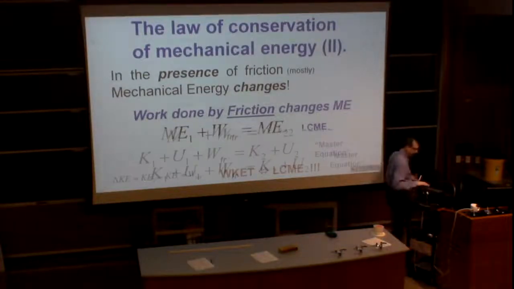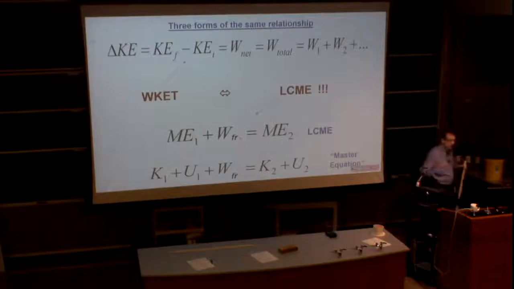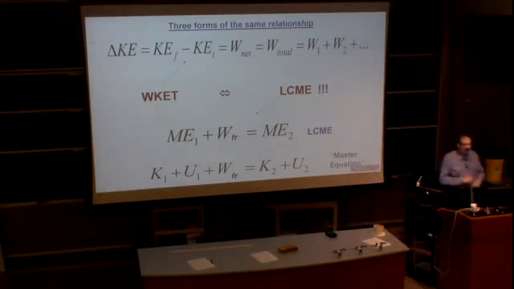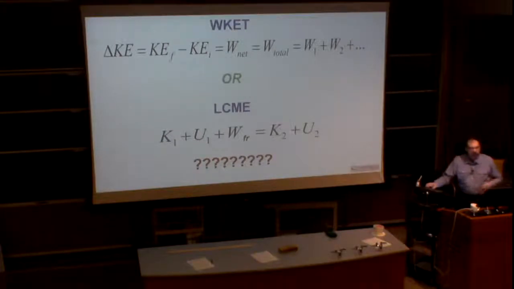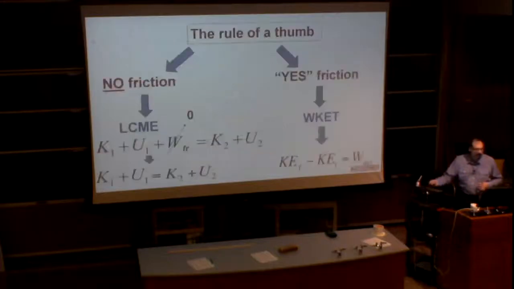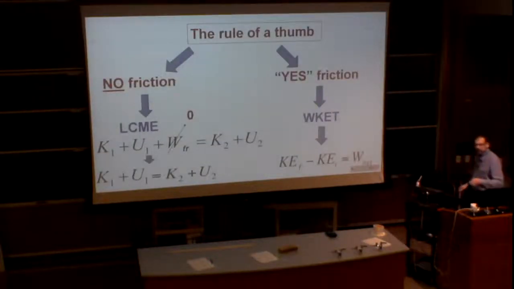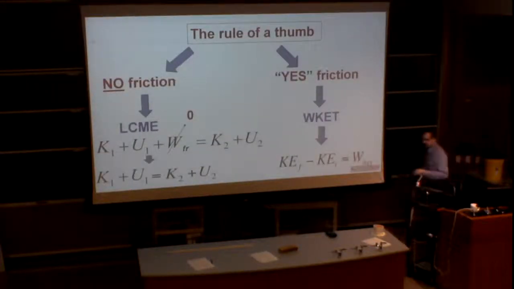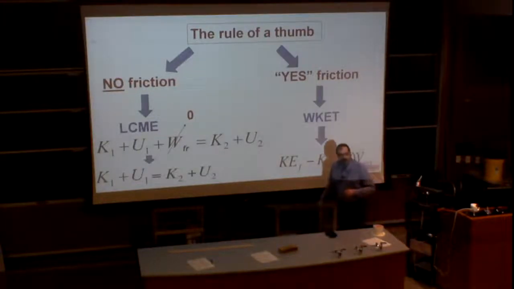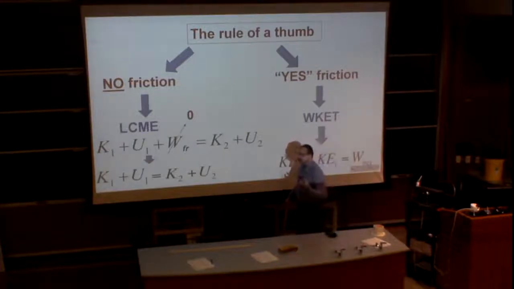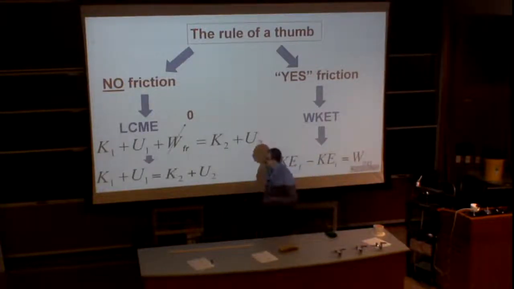So now, natural question is, when do we use master equation, or when do we use Work-Kinetic Energy Theorem? Well, technically, it is absolutely up to us, but historically, there is a matter of convenience for most people. When there is no friction, application of law of conservation of mechanical energy makes our calculations kind of easier. Yeah.